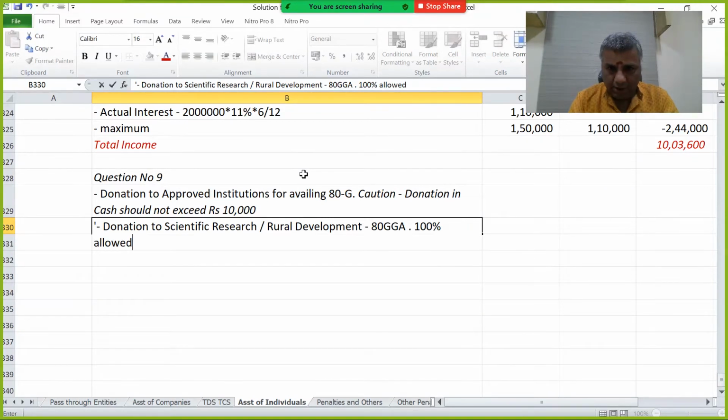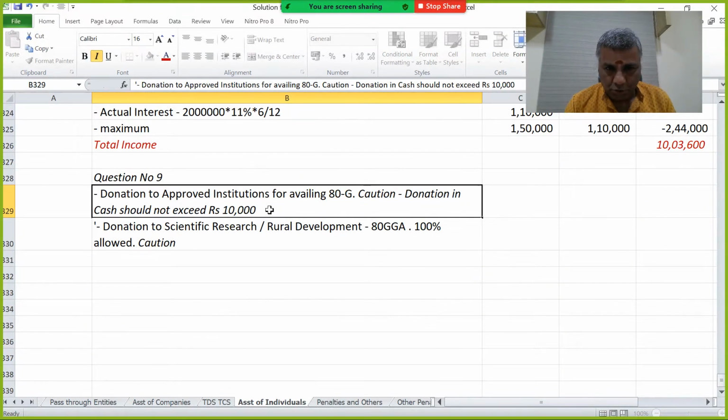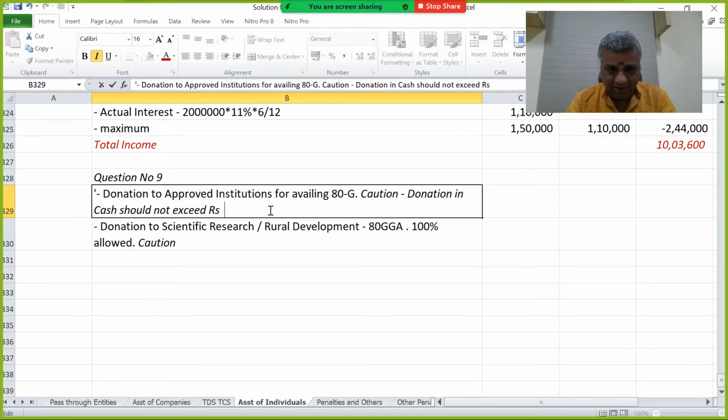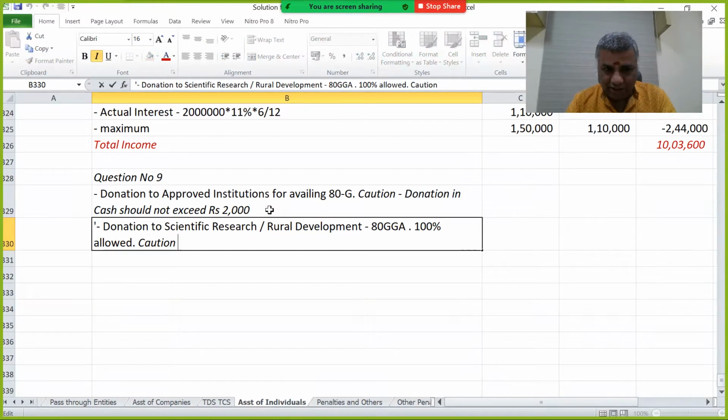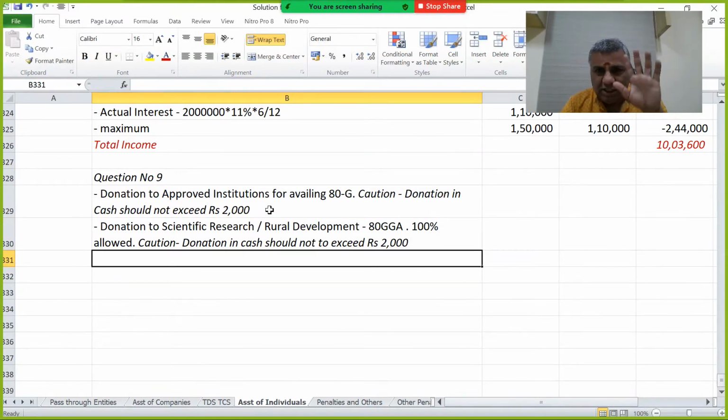And caution: sorry, in the section the 10,000 limit has also changed. This is an amendment: donation in cash not to exceed rupees 2,000. Donation in cash not to exceed 2,000.